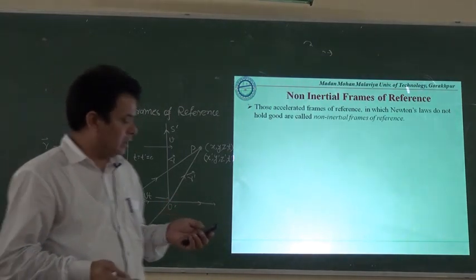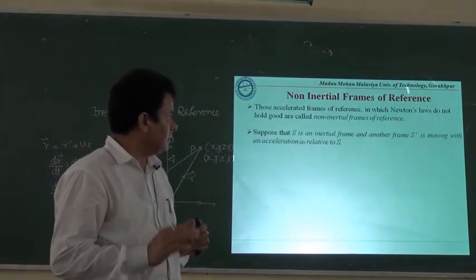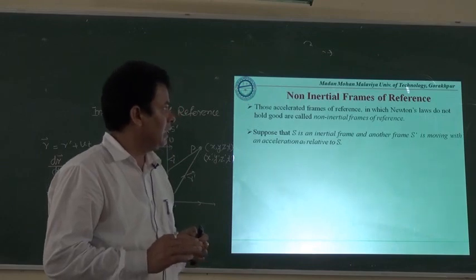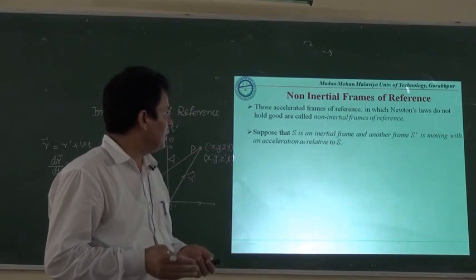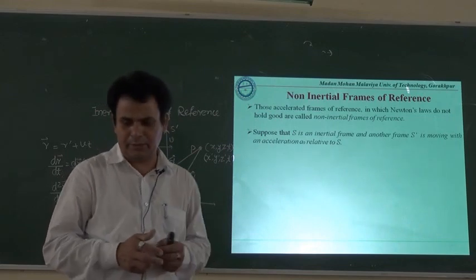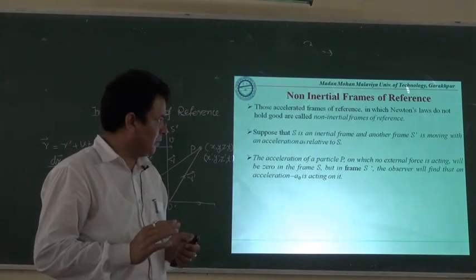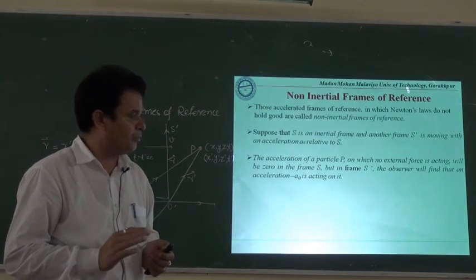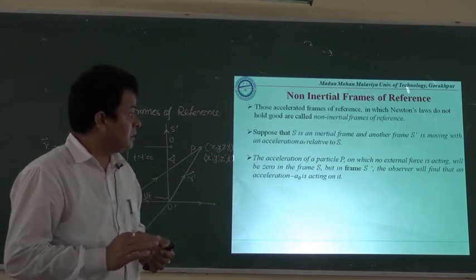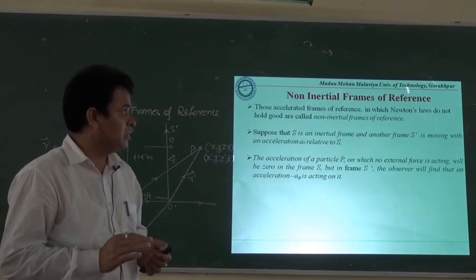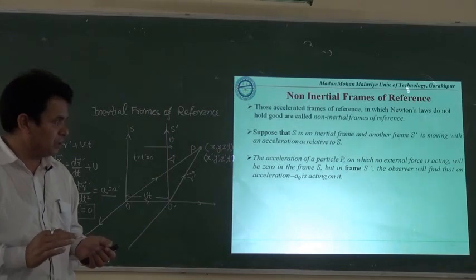Suppose that S is the inertial frame of reference and another frame S' is moving with an acceleration a0 relative to S. Then the acceleration of a particle P on which no external force is acting will be 0 in the frame S, but in frame S' the observer will find that an acceleration of minus a0 is acting on it.